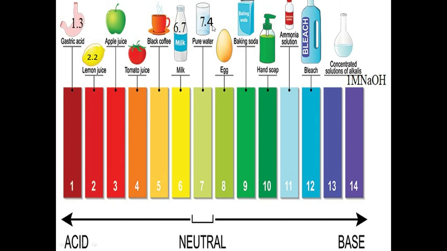Pure water has a pH of 7, not 7.4, exactly 7, neutral pH. 7.4 is for human blood. NaOH has a pH of 14, which is quite basic. Then pH 10 represents milk of magnesia, a common antacid, magnesium hydroxide.